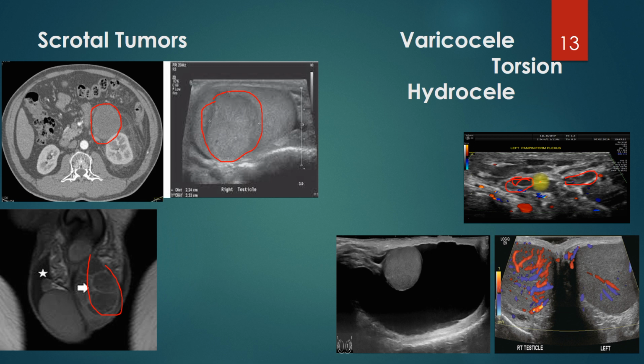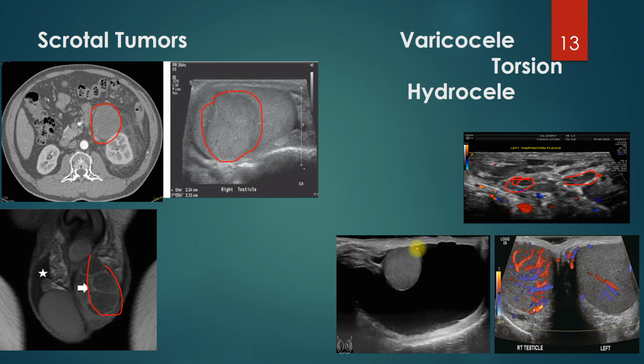As you know, the normal diameter of veins in the pampiniform plexus is 0.5 to 1.5 millimeter. If it is larger than 2 millimeters, consider that varicocele. But sometimes it's very difficult to palpate a vein of 2 millimeters. That's why we need to do color Doppler ultrasound.